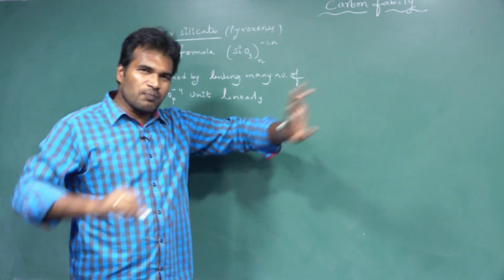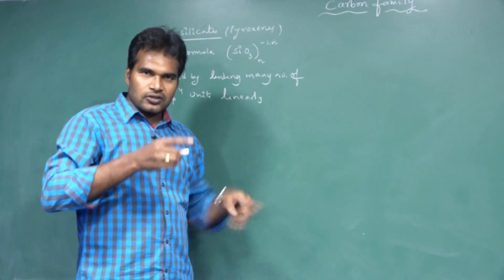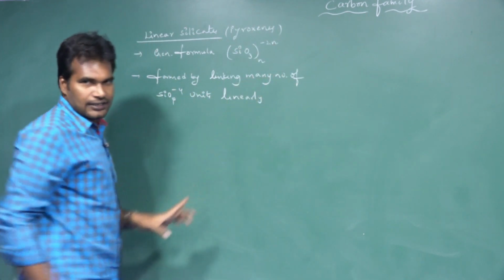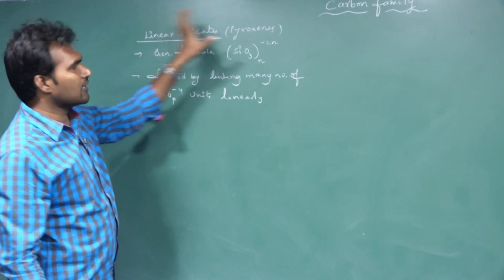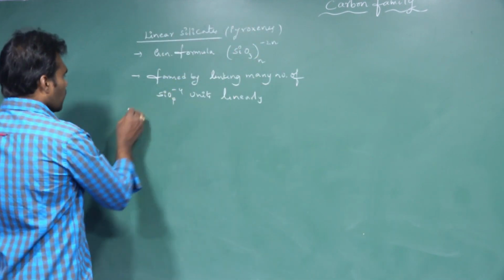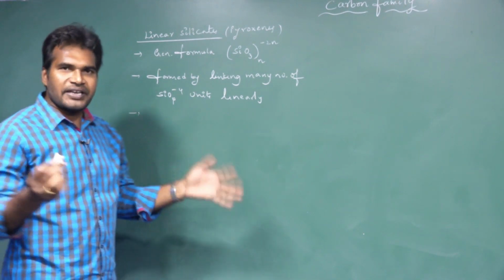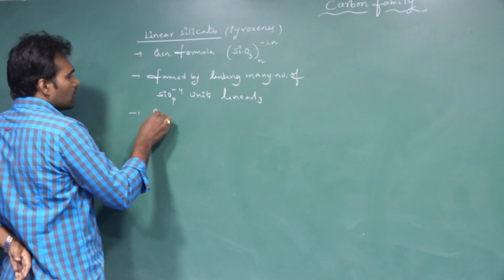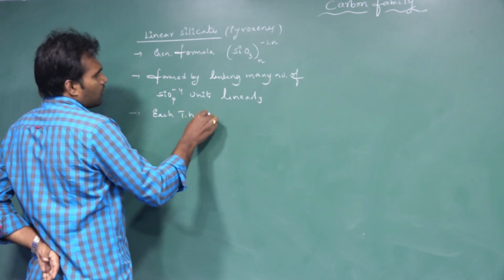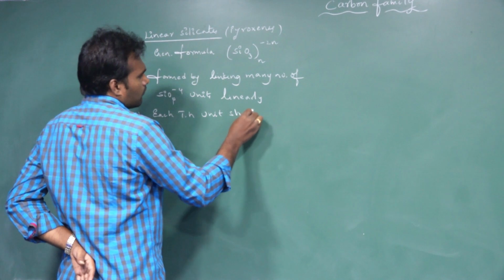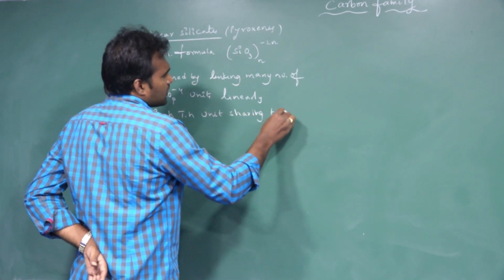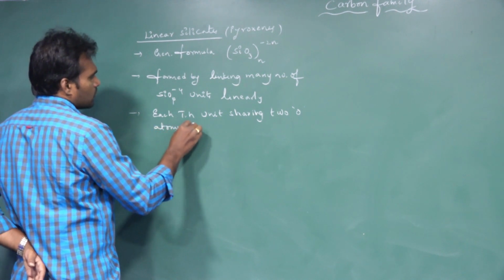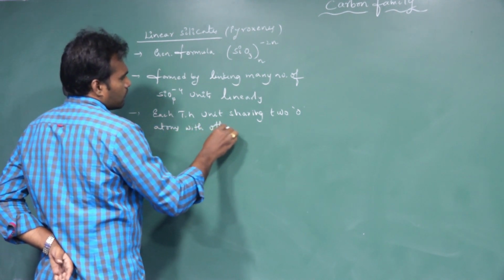In cyclic silicates, many silicate units are linked cyclically. Here many silicate units are linked linearly, so we call them linear silicates. And how many oxygens do they share? Each tetrahedral unit shares 2 oxygen atoms with others.